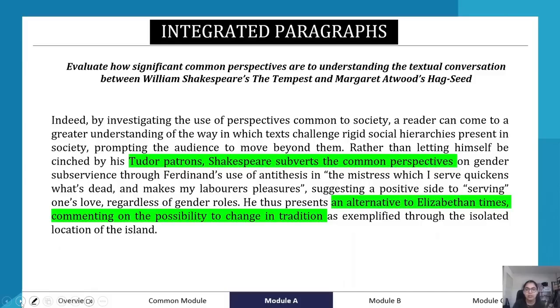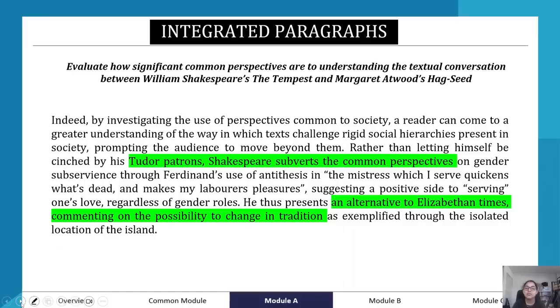Rather than letting himself be censored by his Tudor patrons, Shakespeare subverts the common perspectives on gender subservience through Ferdinand's use of antithesis in 'The mistress which I serve quickens what's dead, and makes my labours pleasures,' suggesting a positive side to serving one's love, regardless of gender roles. He thus presents an alternative to Elizabethan times, commenting on the possibility of change in tradition, as exemplified through the isolated location of the island."